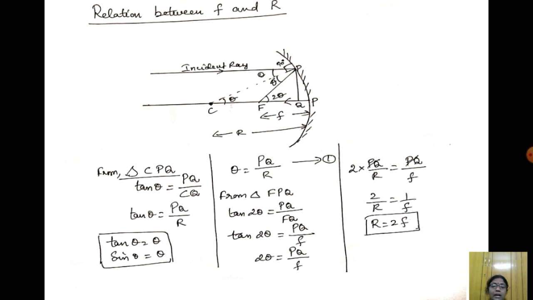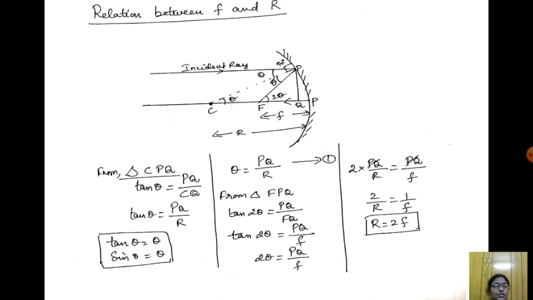In this triangle, tan 2 theta is the opposite side PQ by the adjacent side FQ, which is the small focal length f. Now we can write tan 2 theta as 2 theta itself, equal to PQ by f. From the first equation, theta is equal to PQ by R, which I am going to substitute in this equation, 2 theta equals PQ by f.